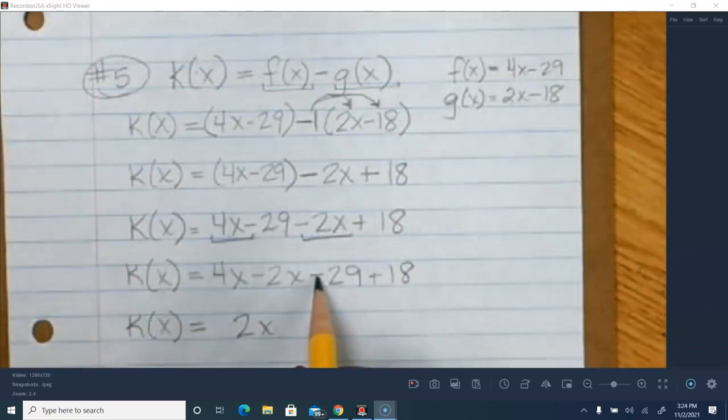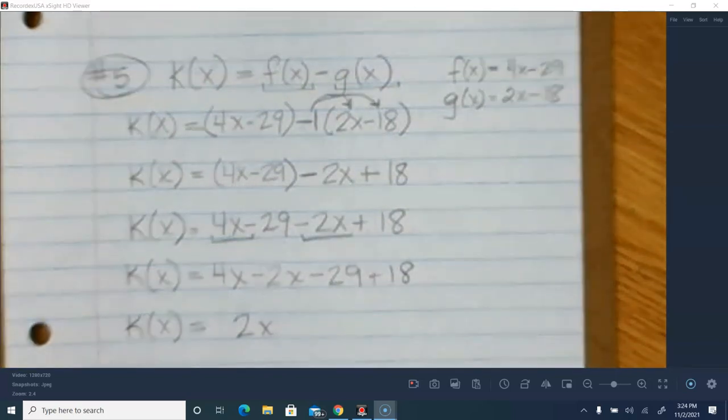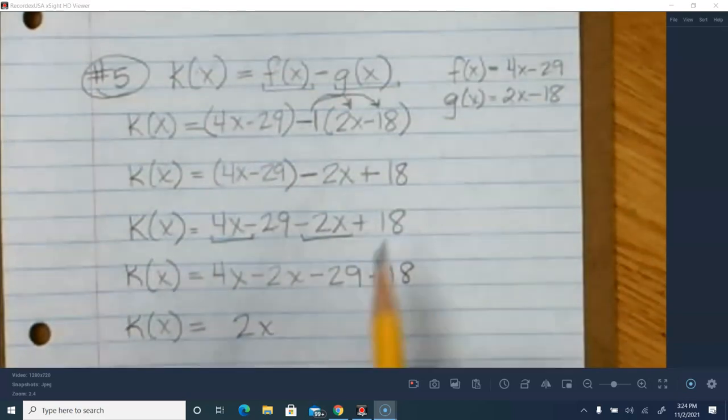So now I got negative 29 and positive 18. So I have 29 negatives and 18 positives. So if we have 29 negatives and 18 positives, we're going to end up with 18 zero pairs. But I got more negatives than positives, so what I'm going to have left over is 11 negatives.